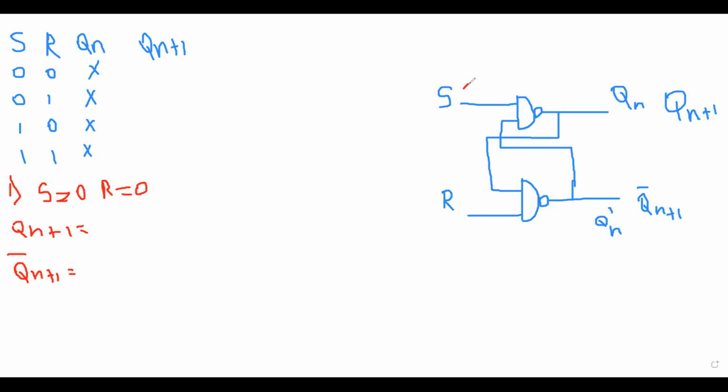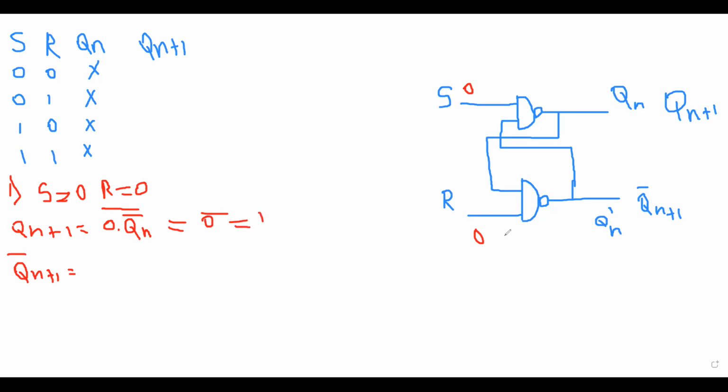So now S is equal to 0 and R is also equal to 0. Then here you can see 0 into this Qn bar goes to the input. So we write 0 into Qn bar, and this is a NAND gate, so a whole bar. 0 into anything is equal to 0, then 0 bar is equal to 1.